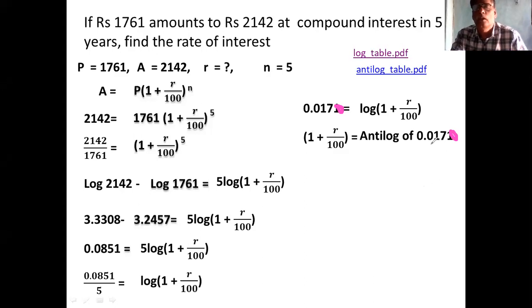You go to the antilog table, 0.01 in the first column, 7 in the mantissa column. There is no 0 column in the mean difference, so you see only the mantissa column 7. 0.01 line, 7th column. You tell me the answer. 1040.